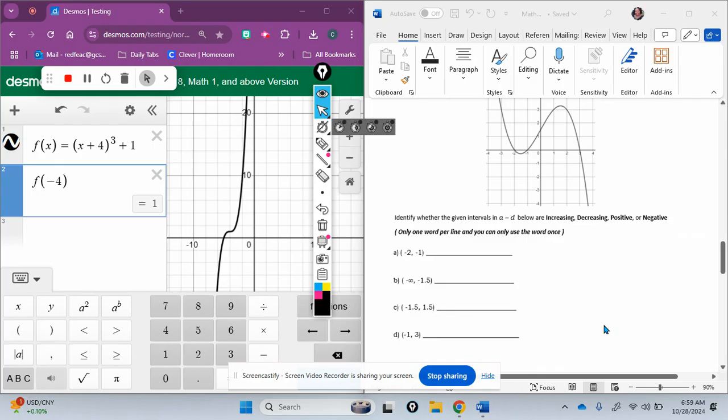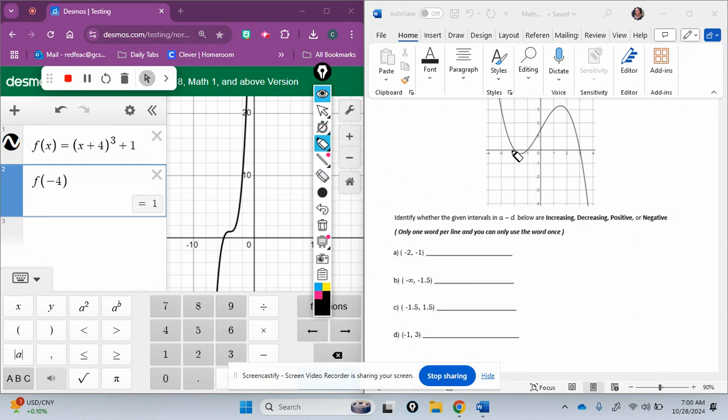All right, this one says identify whether the given intervals A to D below are increasing, decreasing, positive, or negative. So right here, if I identify A to D, from -2 to -1, I'm going to use my highlighter so you guys can see it.